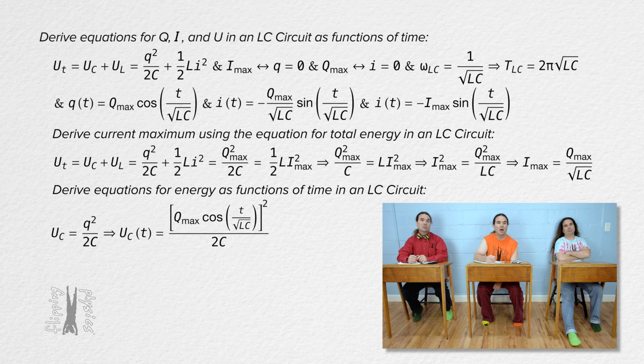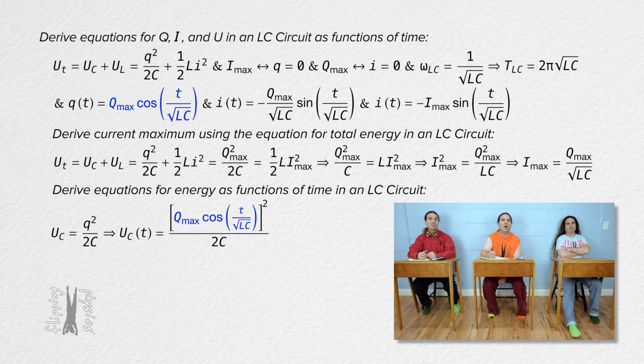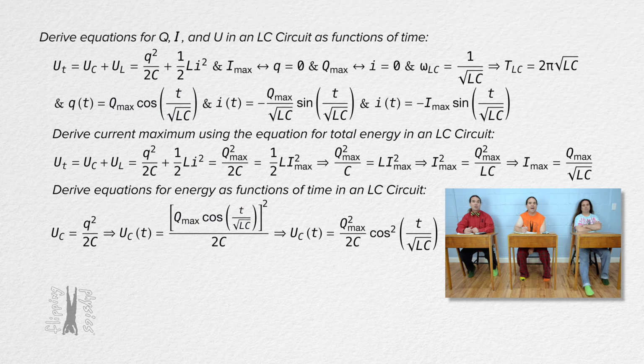That means the energy stored in the electric field of the capacitor as a function of time equals the square of the quantity charge maximum times cosine of the quantity time divided by the square root of inductance times capacitance, all divided by 2 times capacitance. That means the energy stored in the electric field of the capacitor as a function of time equals charge maximum squared divided by 2 times capacitance times cosine squared of the quantity time divided by the square root of inductance times capacitance.